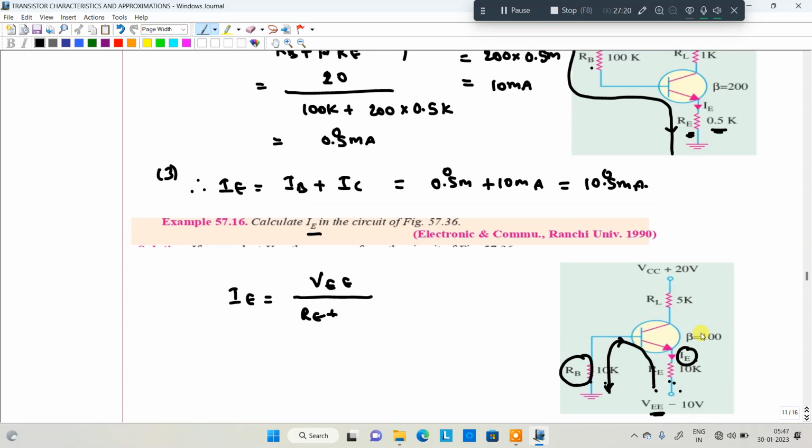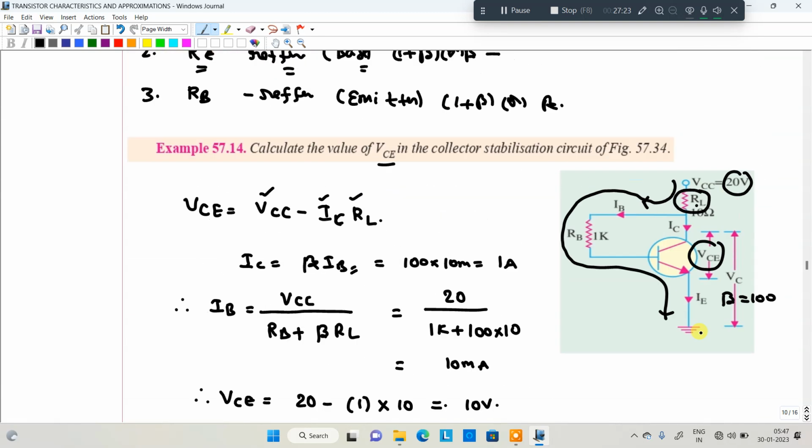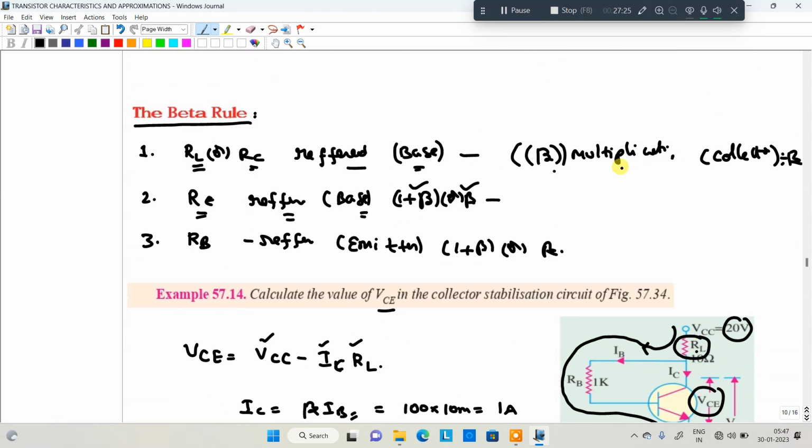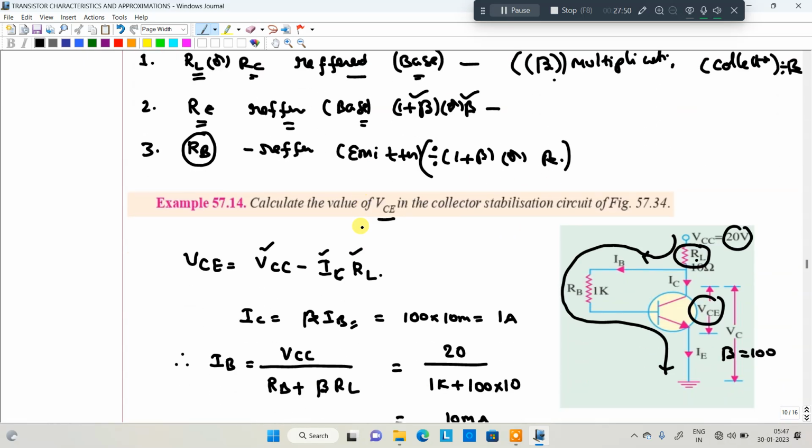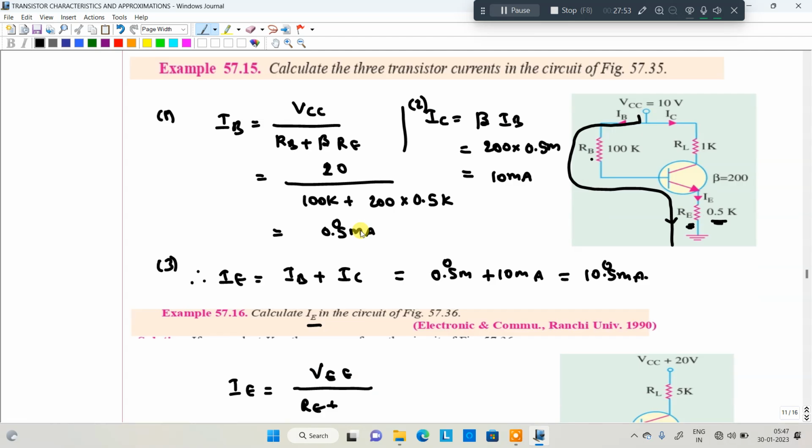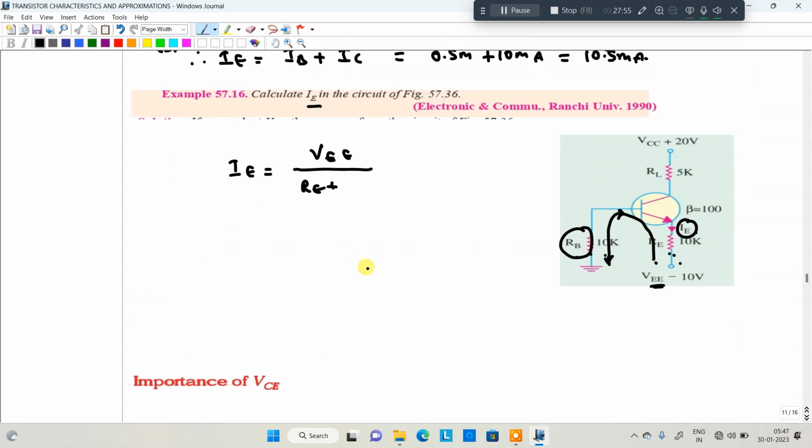What is the formula? We can do this with alpha of the three cases. In this case, the base resistance, that is RB referred to the emitter circuit, is divided by 1 plus beta or beta. Is everyone clear about those notations?